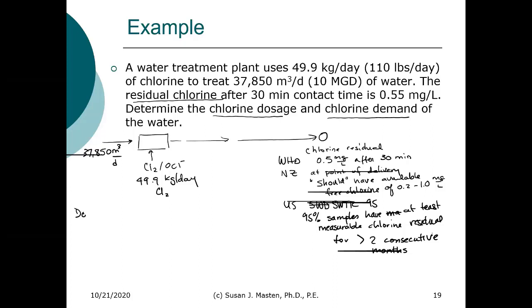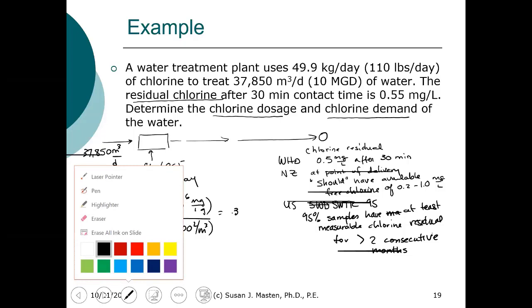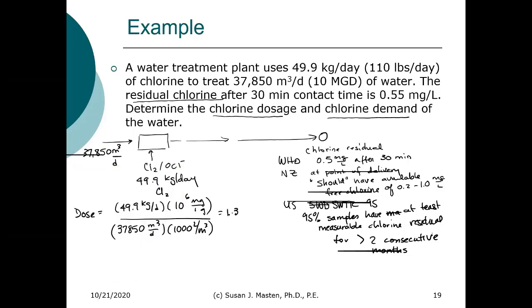So our dose is simply the 49.9 kilograms per day, times a million milligrams per kilogram. We divide that by the flow rate, multiply by 1,000 liters per cubic meter, and that is a dose of 1.32 milligrams per liter.